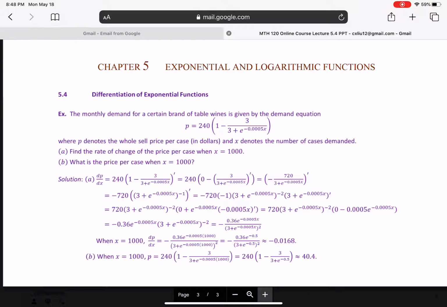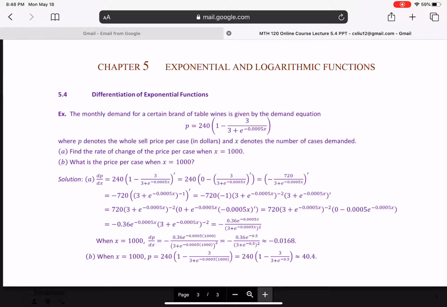So in question A, we need to take the derivative of P. So we do it step by step. When you take the derivative of 1, you get 0. And then you can multiply 240 with negative 3 to get negative 720. So that becomes negative 720 over (3 plus e to the negative 0.0005x), prime.